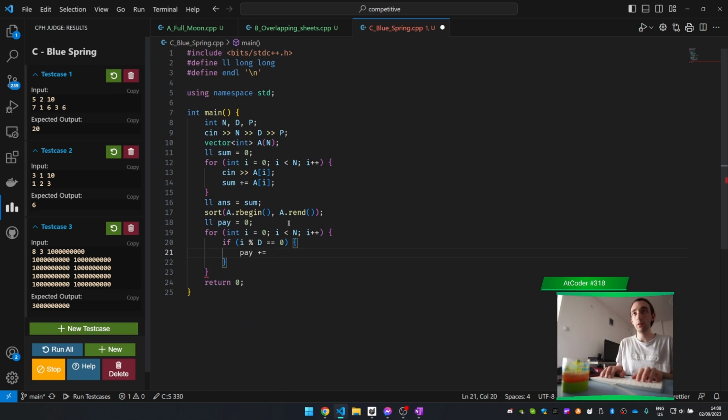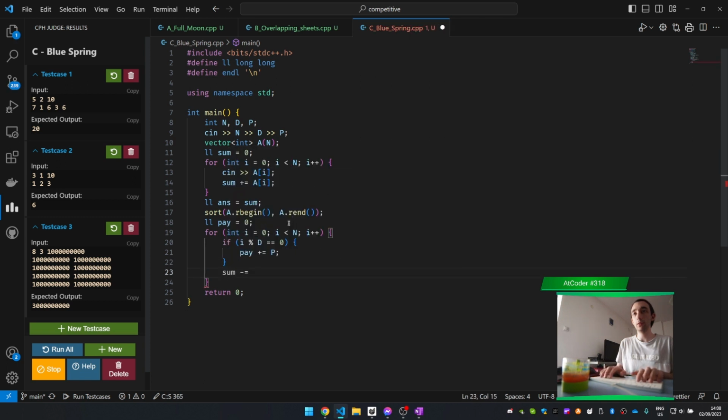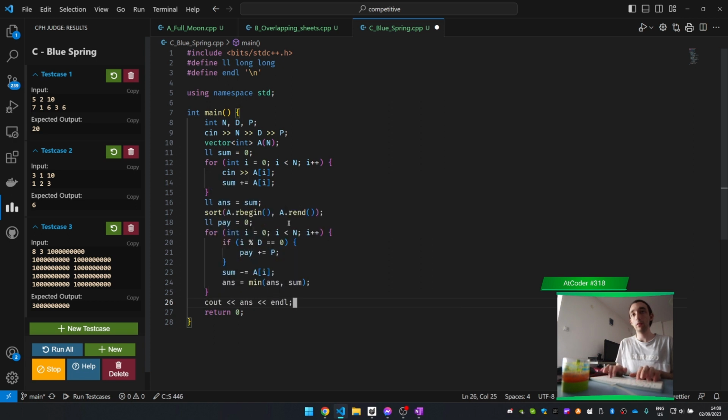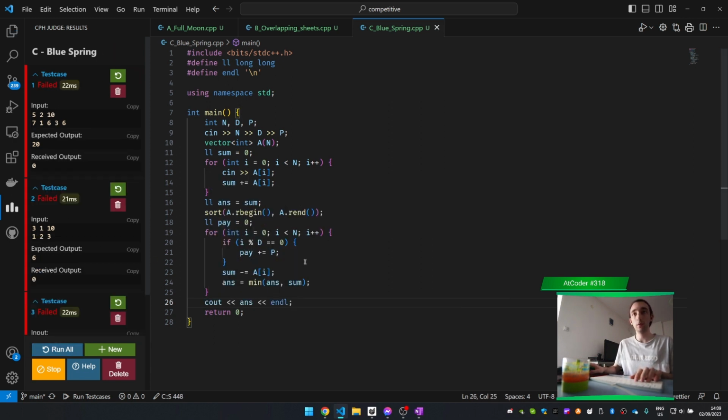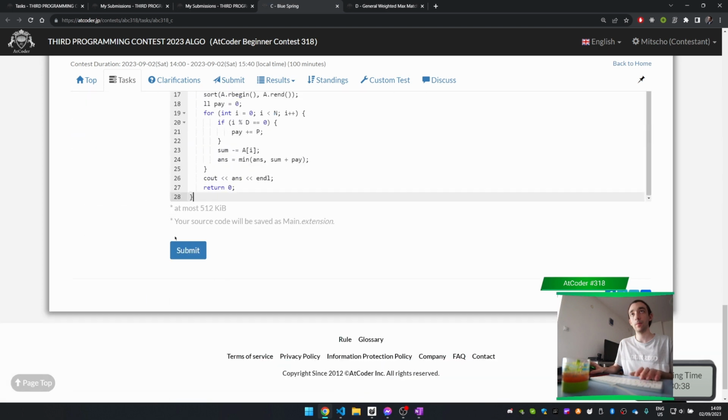Pay plus equals P, and here there's a sum of F_I, and then the answer is the minimum of the answer and the sum plus pay, something like this.